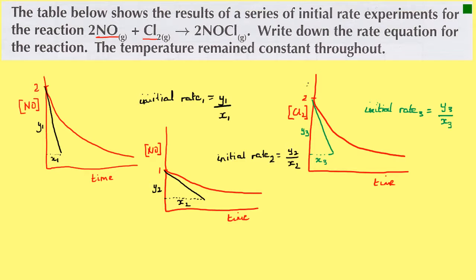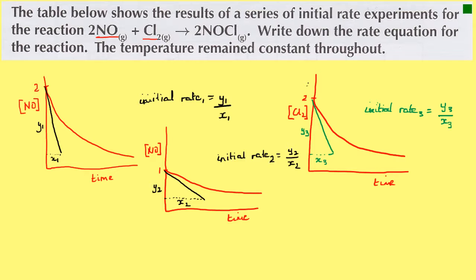Take your tangent at time equals 0. Work out the gradient. So the initial rate, number 3, would be y3 over x3 again.